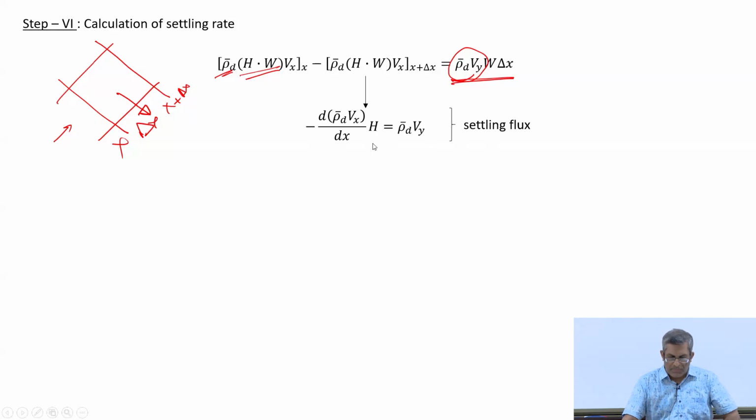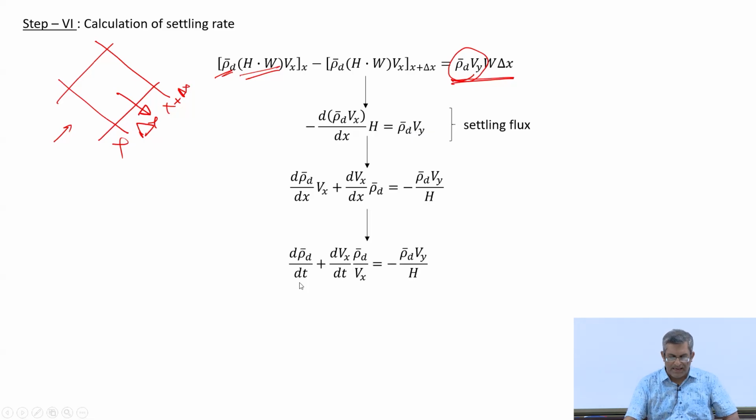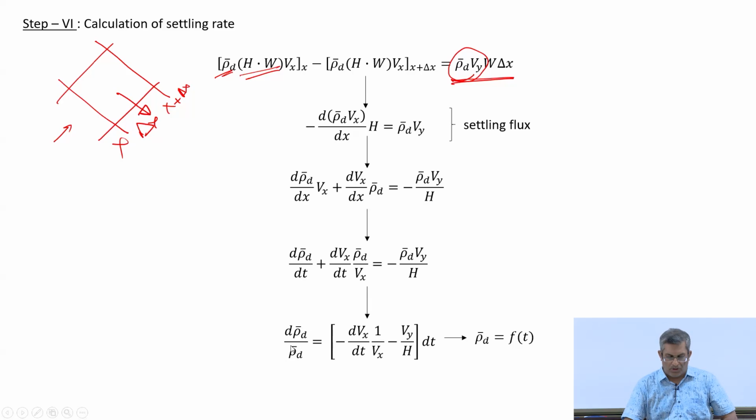So what is our objective? Our objective is to get an expression for this term. So then we can expand this and then rearrange this to get this form, and finally we can show that we can get an expression for the bulk density in terms of time.